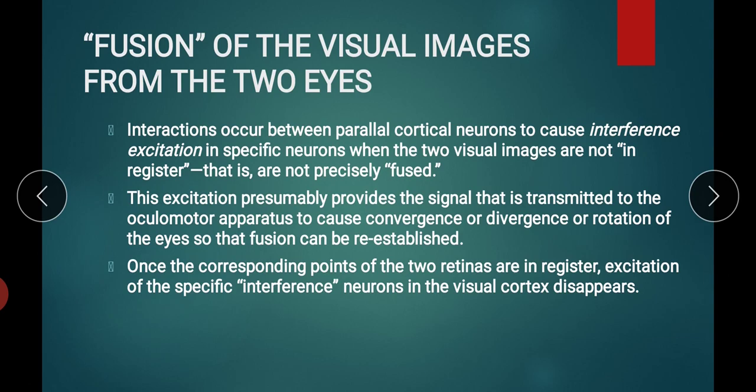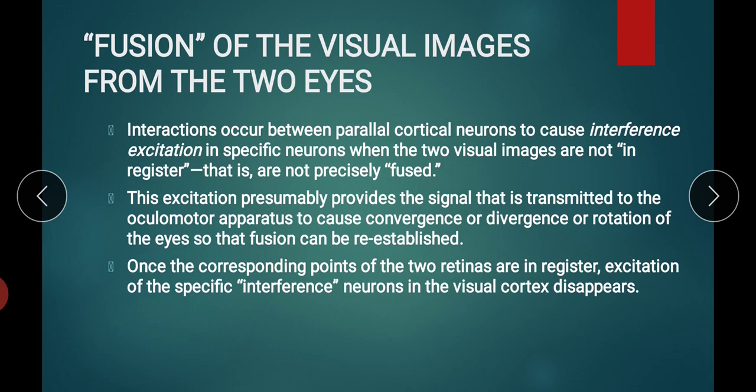This fusion occurs because of the mechanism we will discuss right now. We also know from the visual pathway that the lateral geniculate body receives fibers from both eyes, the ipsilateral as well as the contralateral eye, and they terminate in specific layers of the lateral geniculate nuclei.